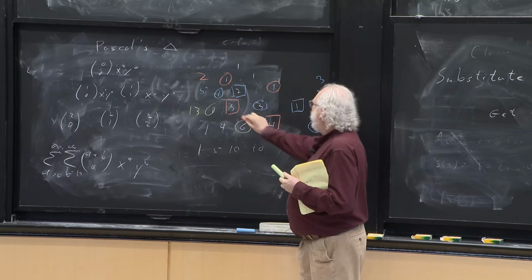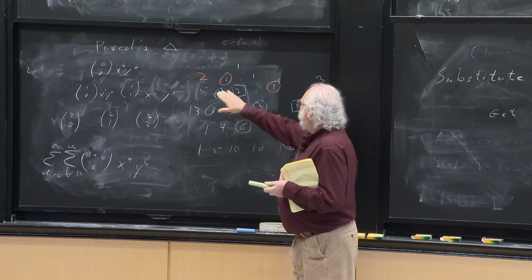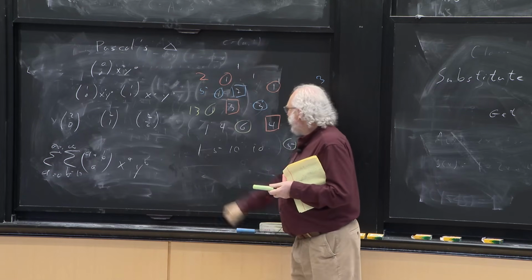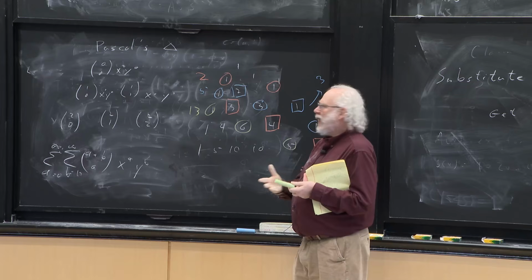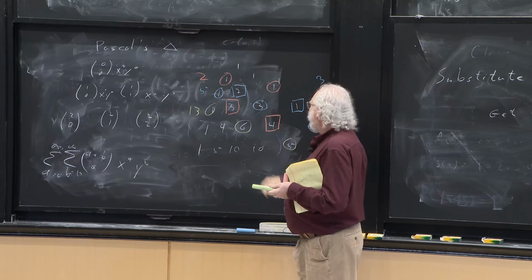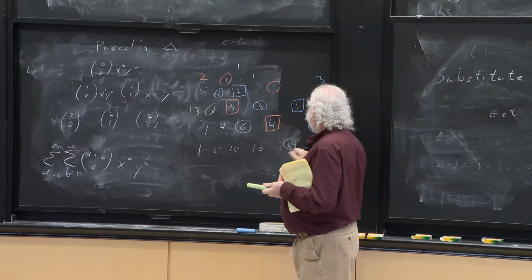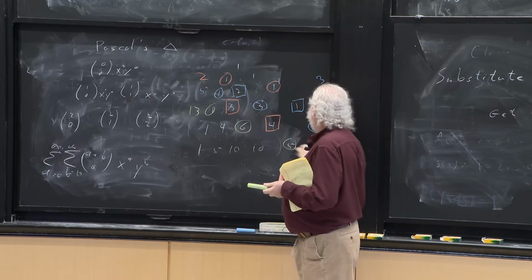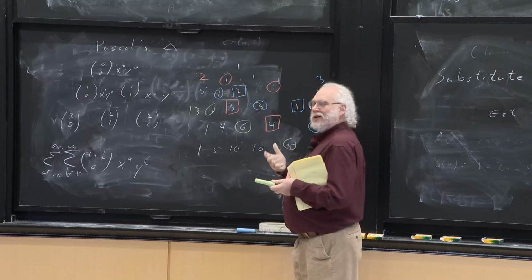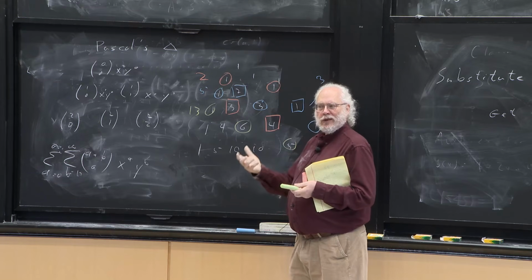These diagonals starting on the left side of the triangle give you the odd numbered Fibonacci numbers, or every other Fibonacci number, and these diagonals starting on the right side give you the Fibonacci numbers between them.